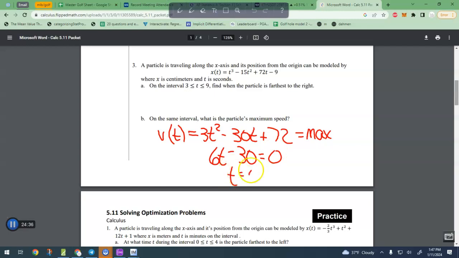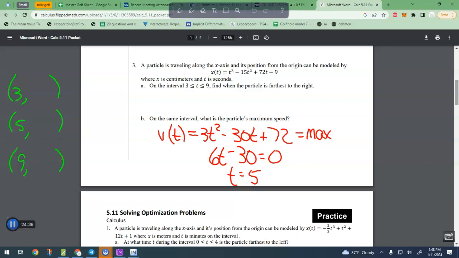And if I solve that, I get t equals 5. So how many candidates do I have for this time? It's 3. That one and one other one. 3 and 9, the 2 endpoints. So I've got to check 3, 5, and 9.